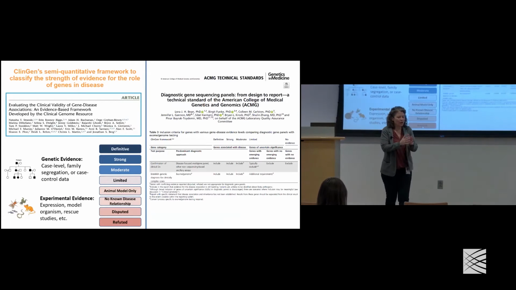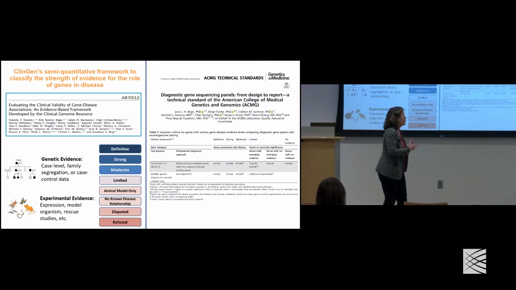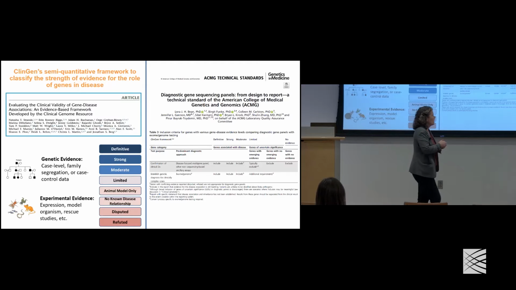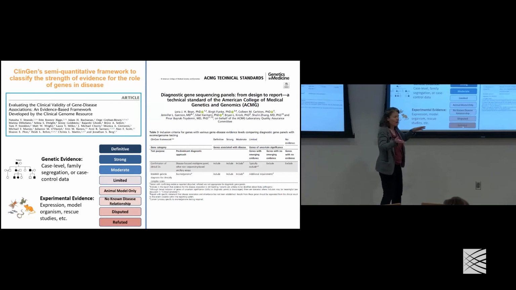However, all of these genes that get published as disease genes don't always have sufficient evidence for that claim. And so one of the projects that ClinGen has been involved in is systematically defining the evidence for those genes and their role in disease. And we do that by looking at both genetic evidence, so case observations with phenotype, segregation in large or small pedigrees, case control studies.